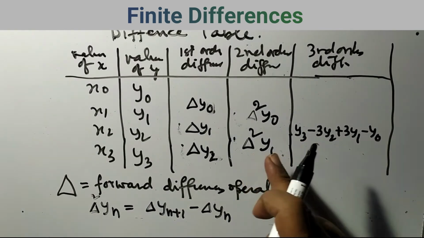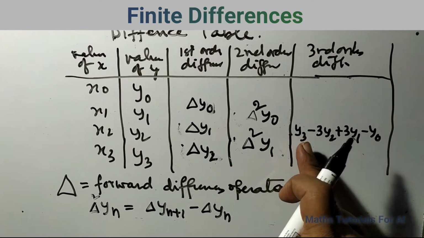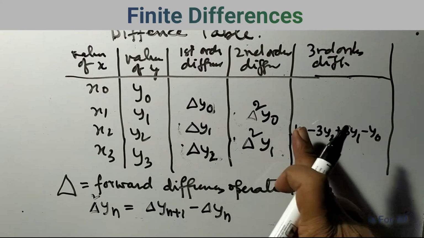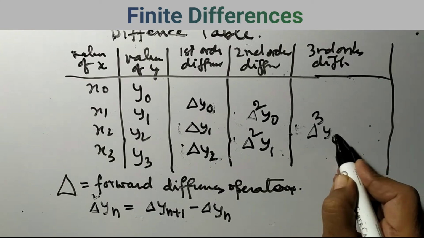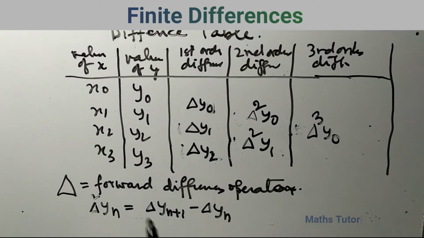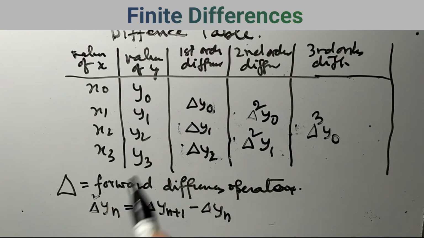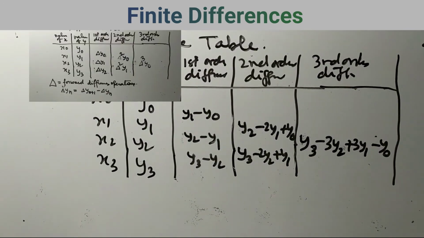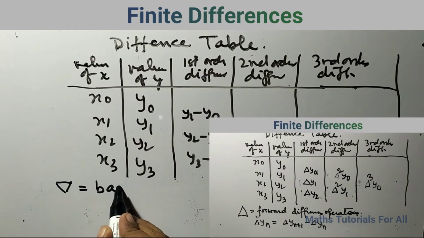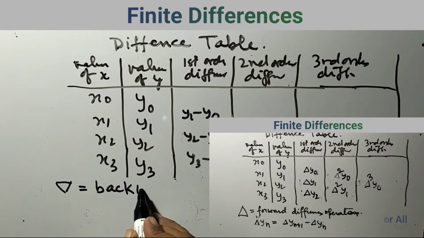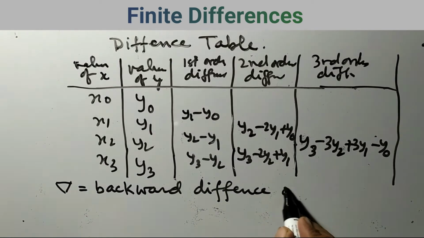Similarly, delta square y1 minus delta square y0 is y3 minus 3y2 plus 3y1 minus y0, so it becomes delta cube y0. This is the forward difference operator. We use this operator in this difference table. The capital del is called the backward difference operator.